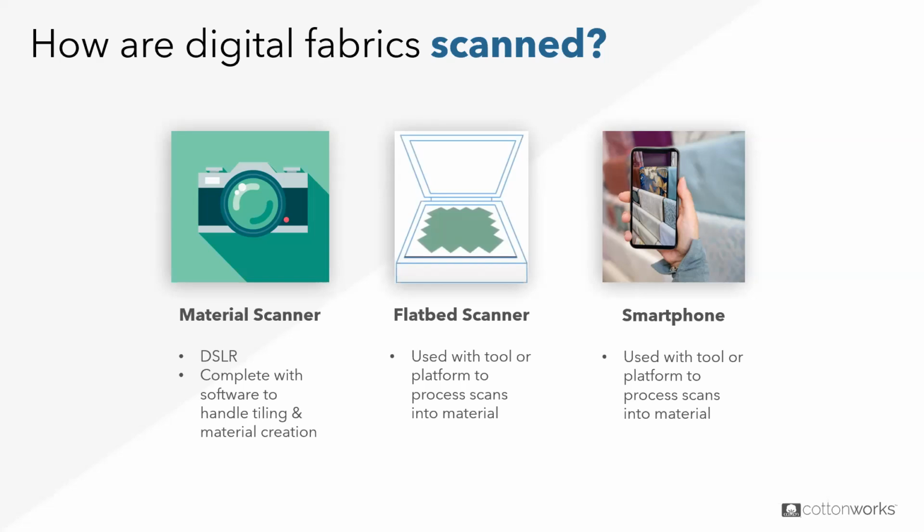You could also use a flatbed scanner or a smartphone to get images of fabrics. And typically, when you use those two options, you also use a material creation platform or an art tool, such as Sets Textura, Swatchbook, Swatch On, or an art tool like Substance Designer by Adobe to help you process your scans into a complete material.